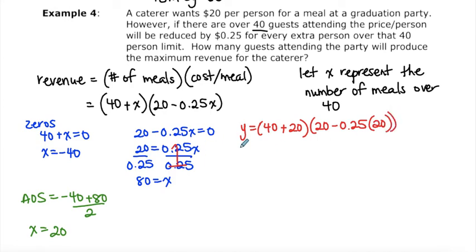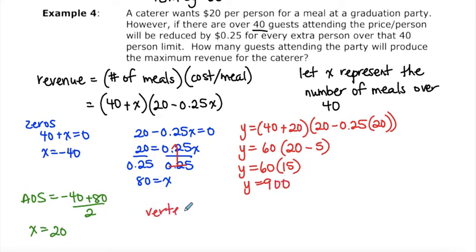So I'm going to have 60 times (20 minus 5), or 60 times 15, which gives us 900. So I can now say that the vertex of this parabola, if I was to graph it, would be at the point (20, 900). Now, what do these numbers mean?